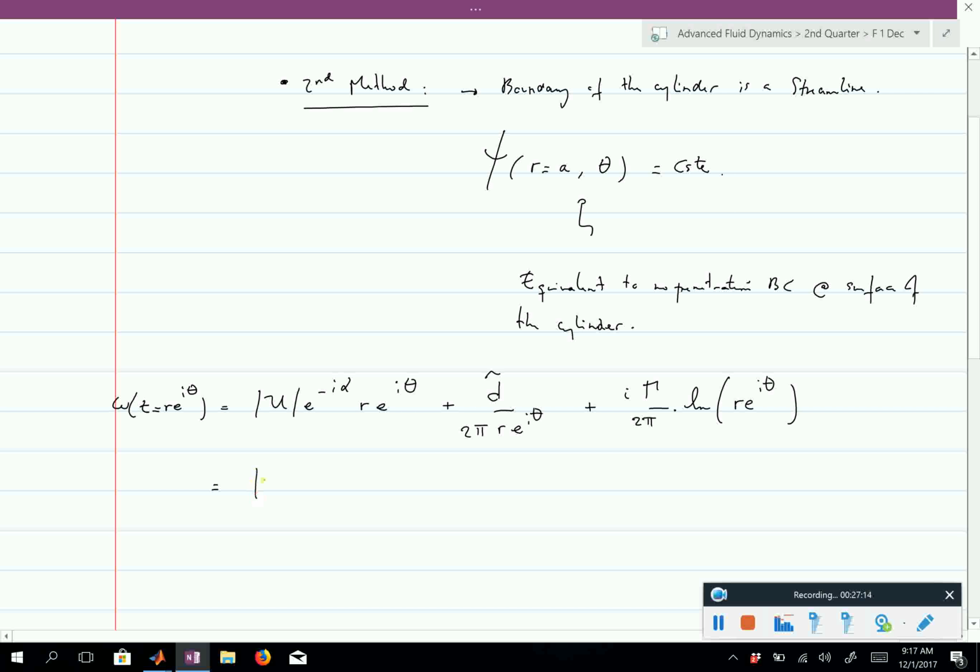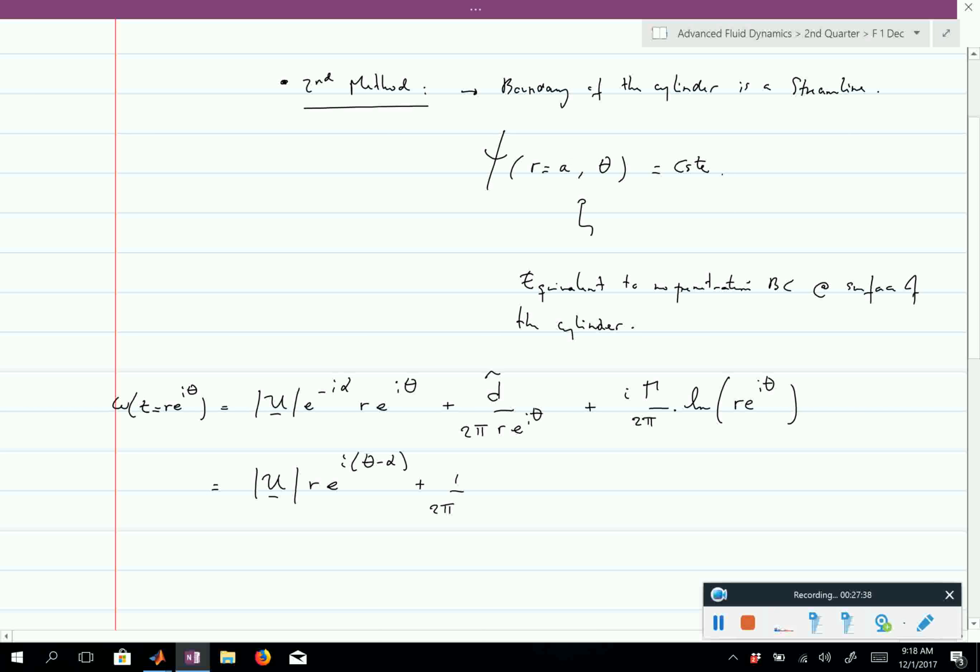Now I'm just going to write an intermediate step to make everything clear. I'll put all the moduli together, and I'll put all of the arguments together. So this is U r e^(i(theta minus alpha)) plus 1 over 2 pi.